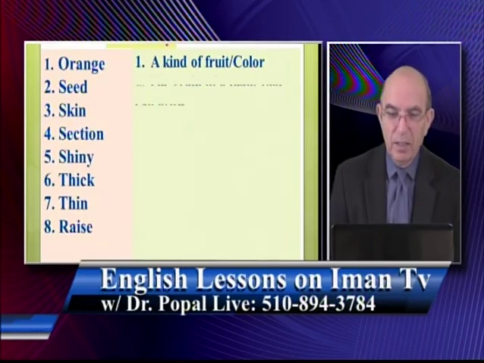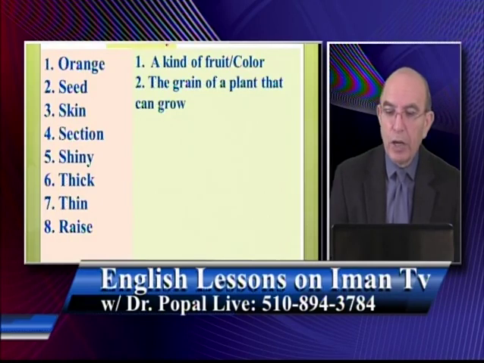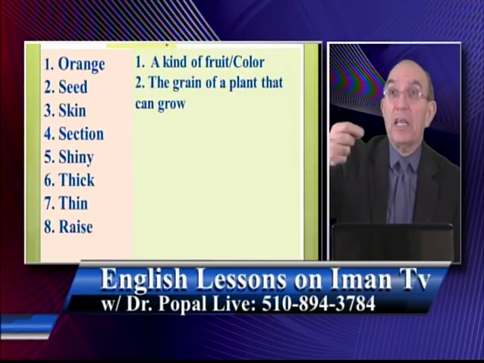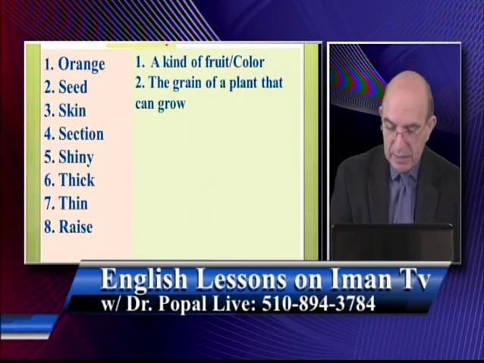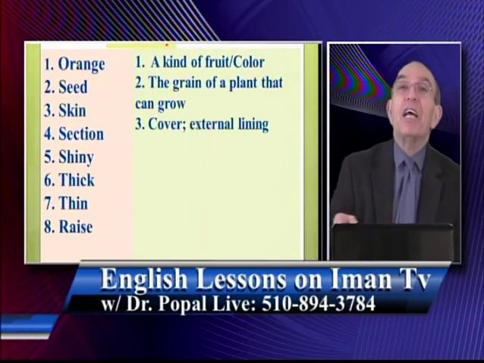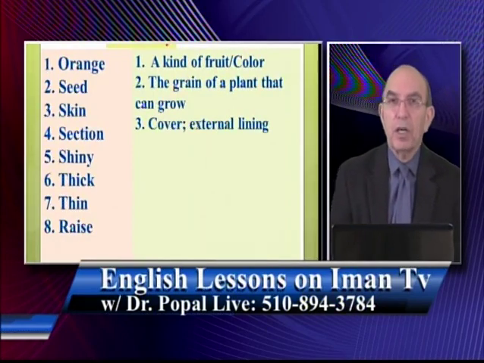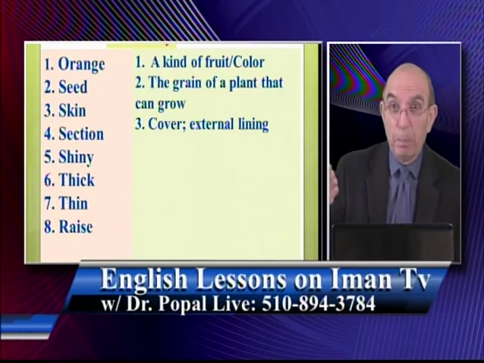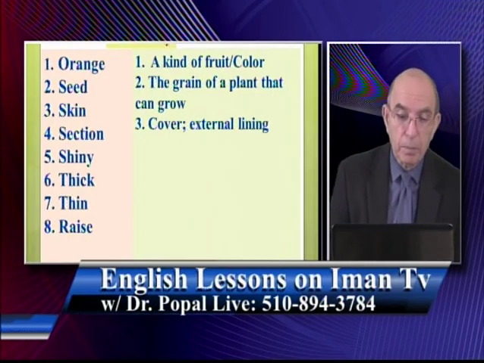Seed means what? The grain of a plant that can grow. You take the seed, you put it in the ground, it grows. That's the seed. Skin is what? The cover, the outside of a fruit is what? The skin of the fruit. Like, for example, banana has a skin or peel, orange, and so forth and so on.